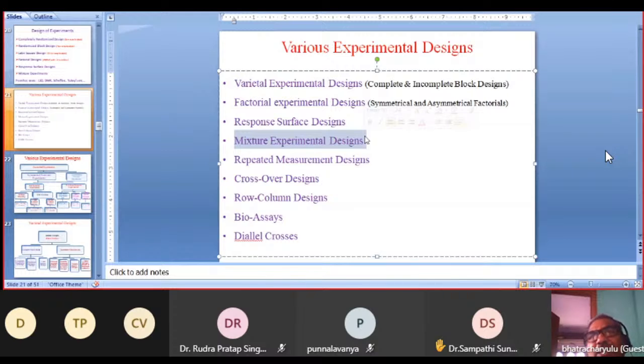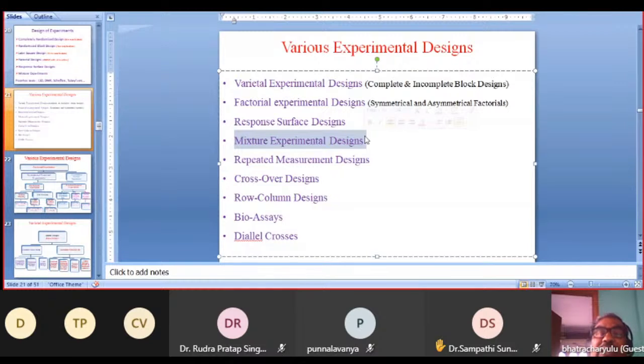If more copper is added, the strength will be more; if it is pure gold, it is not that strong. So when you want to analyze the mixing of items, you go for mixture experiments. In mixture experiments there is also the possibility of first order, second order, third order models and so on, polynomial equations.